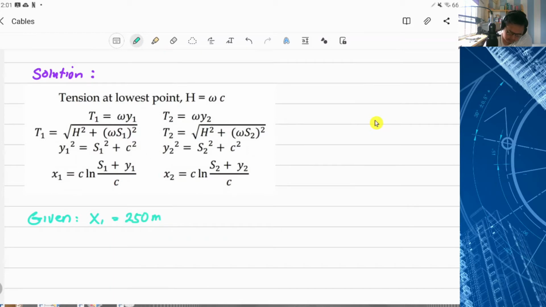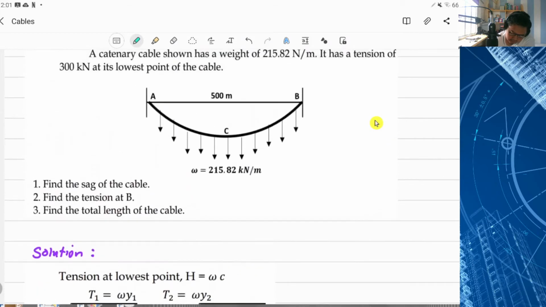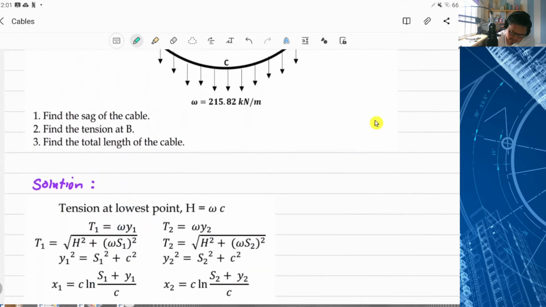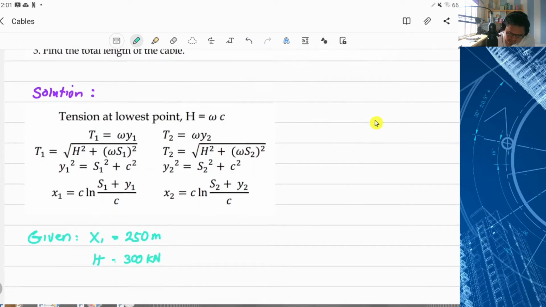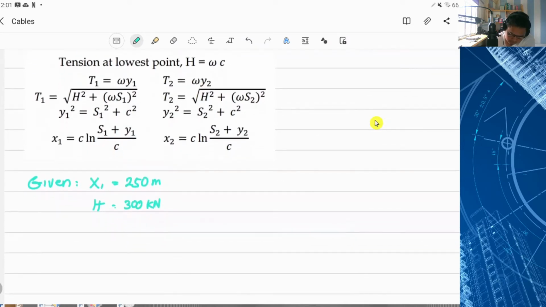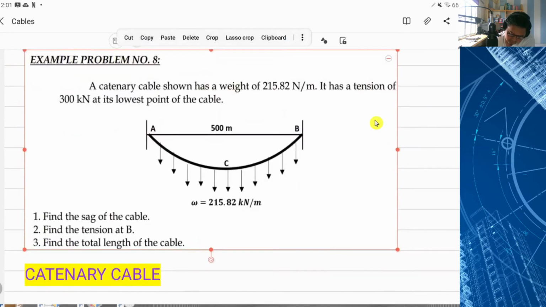So let's consider x1. Another given is the tension, H, which is equal to 300 kilonewtons. Next is w, the small w, the load per unit length, which is 215.82.